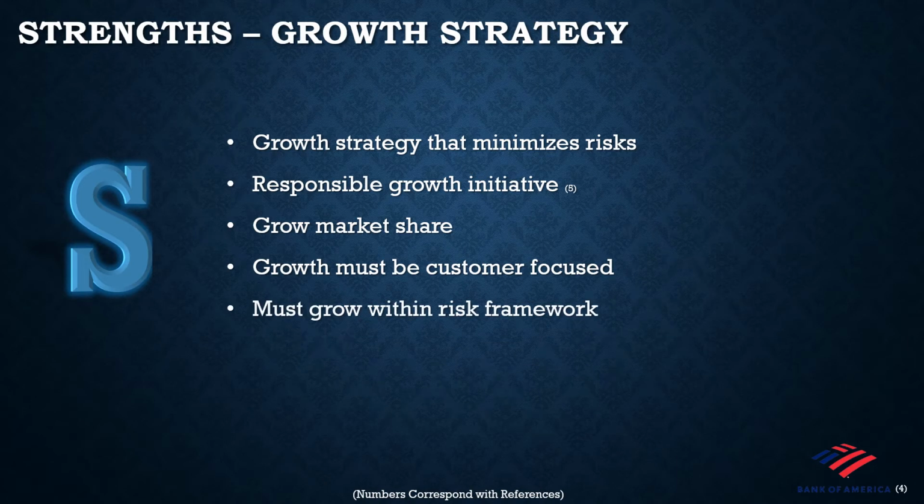The risk framework is comprised of a multitude of different factors, everything from compliance risk, reputational risk, financial risk, market risk, and also credit risk, just to name a few. By making all that growth that is strived for fit inside the risk framework helps Bank of America to grow in a responsible way while minimizing the risks that they face.